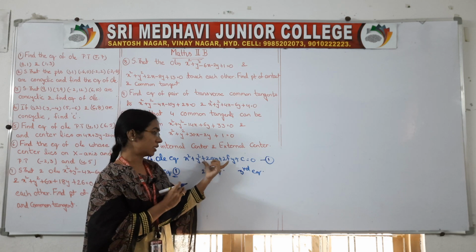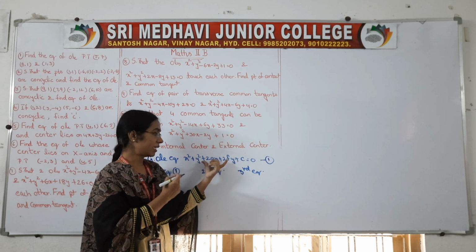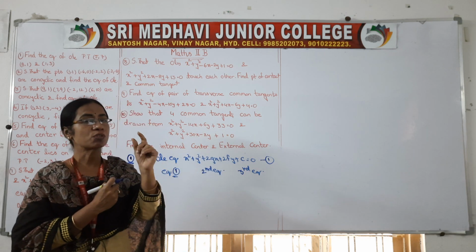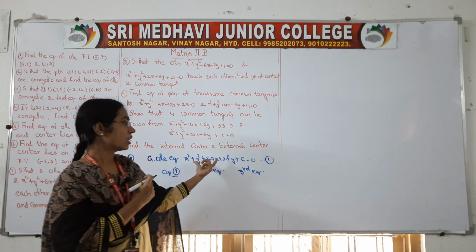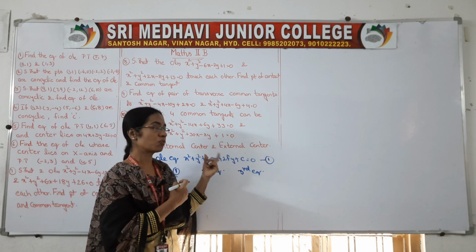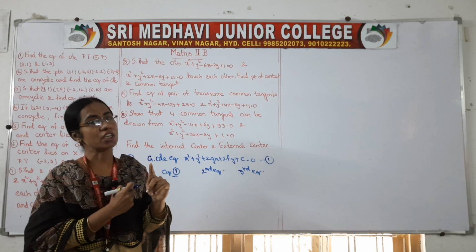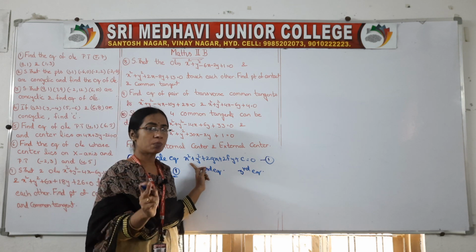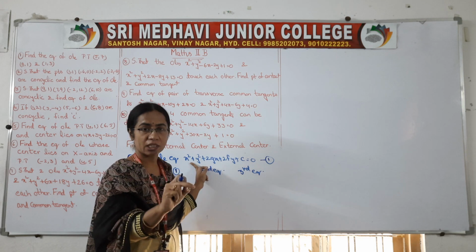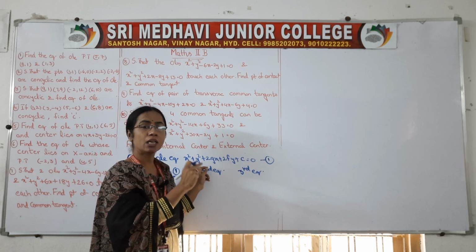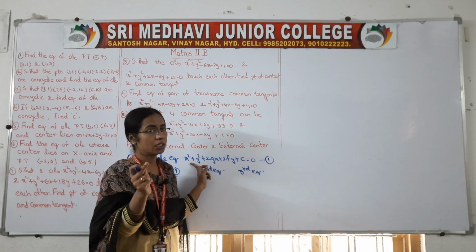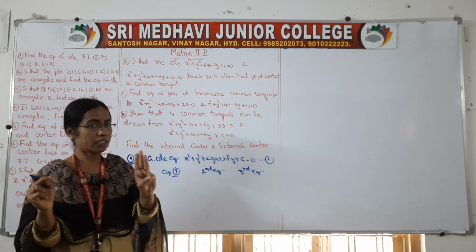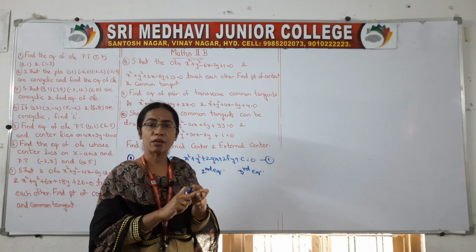If you substitute the first point in the circle equation, we will get one equation in terms of g, f, c. Similarly, if we substitute the second point, we will get another equation in terms of g, f, c. The circle passes through the third point also, so we substitute the third point also, and we will get the third equation in terms of g, f, c.